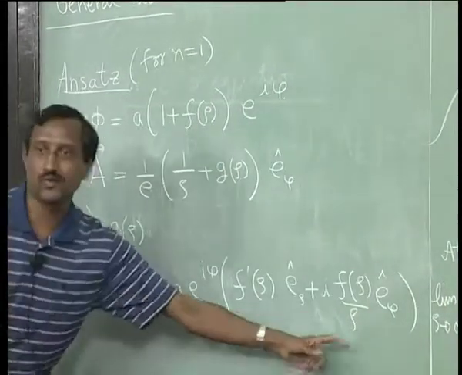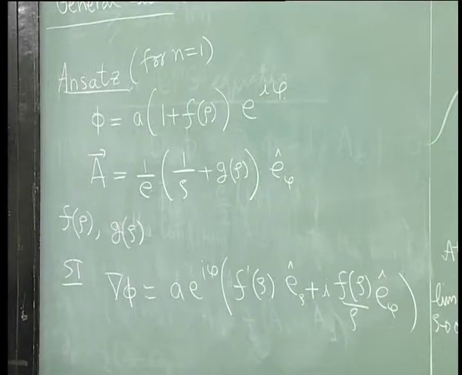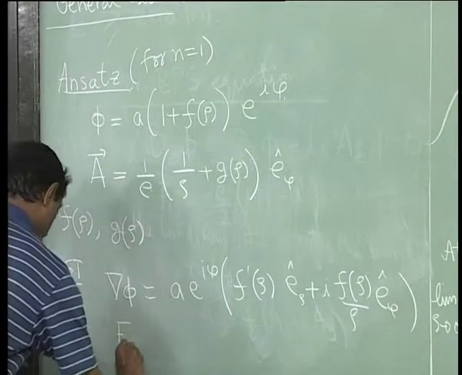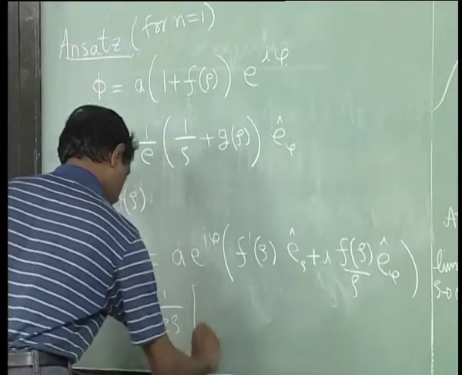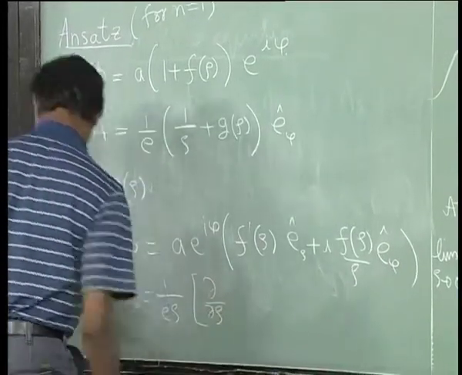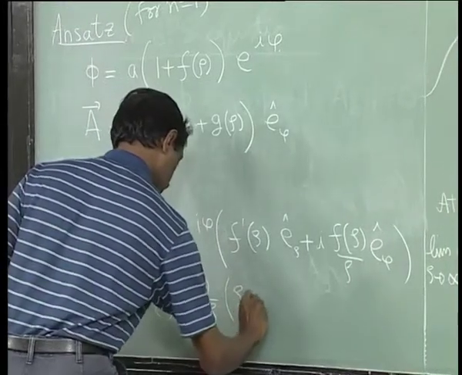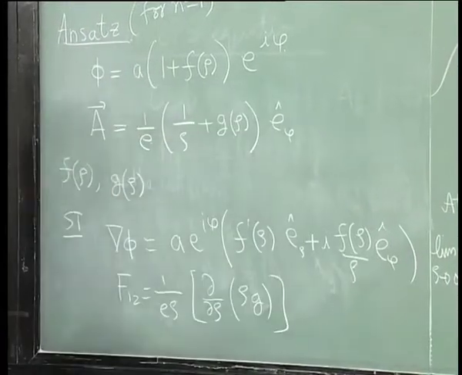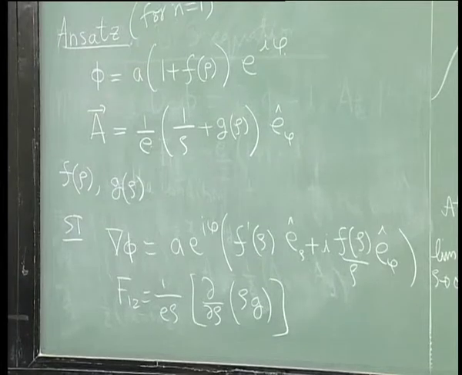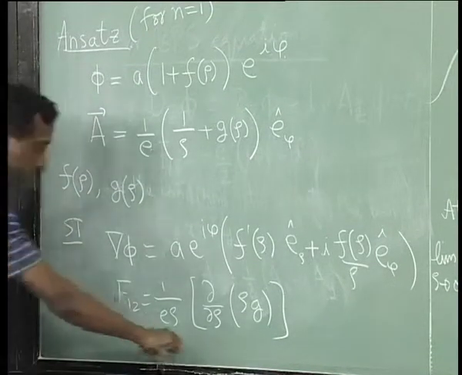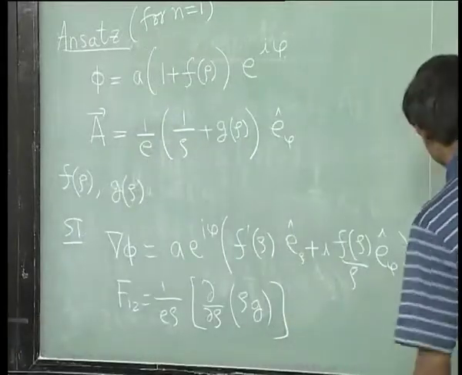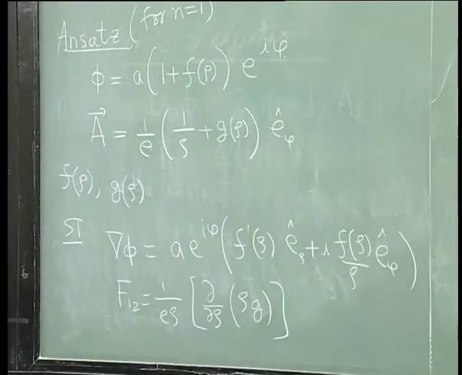You get this piece because you are in polar coordinates. So now I will write out the Euler-Lagrange equations, and it will be horrible, nonlinear, f and g everything will mix with each other.